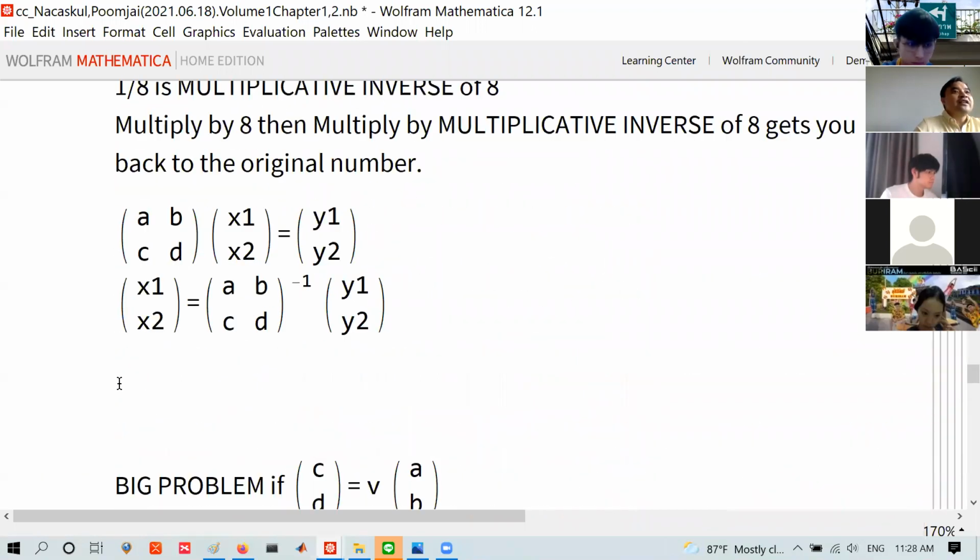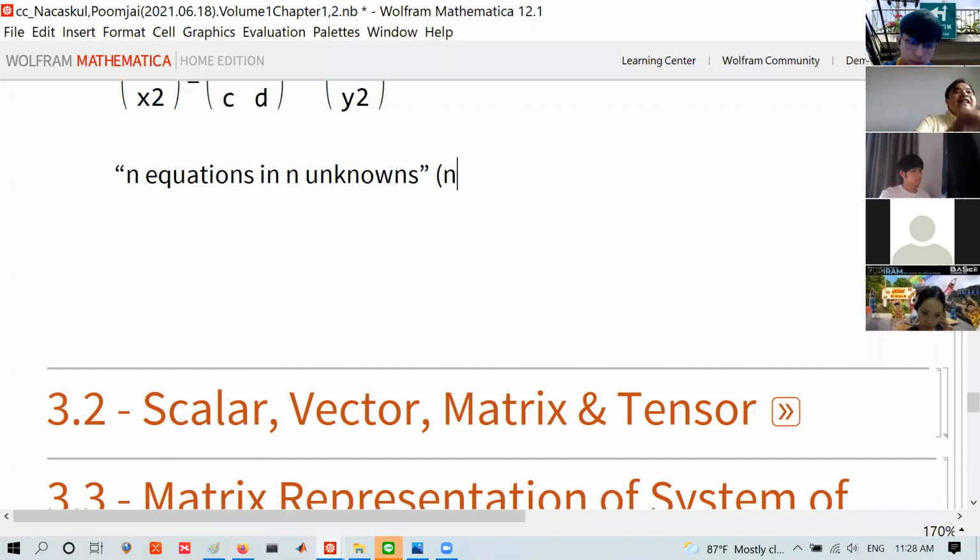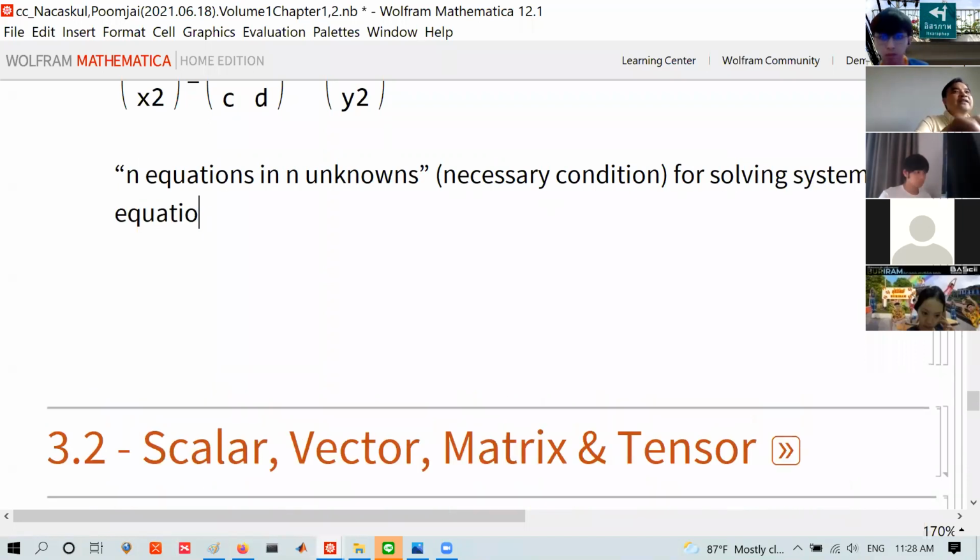So in other words, when you were saying that I have to have n equations in n unknowns, this is only a necessary condition for solving the system of equations.